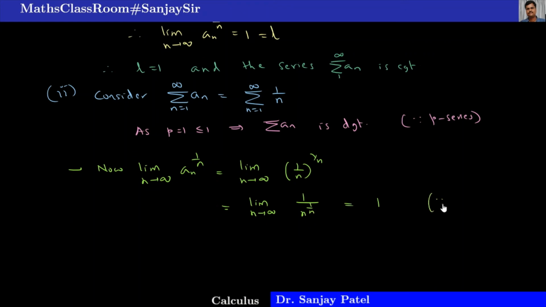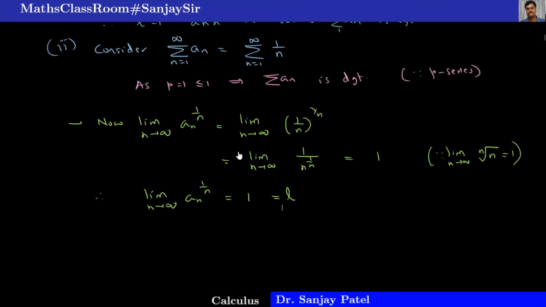Again we are using the same formula, the limit as n tends to infinity of the nth root of n is equal to 1. So again what we have proved is the limit as n tends to infinity of the nth root of a_n tends to 1. So this is our L. So in this case also we are getting the limit 1, but the series sigma a_n is divergent.